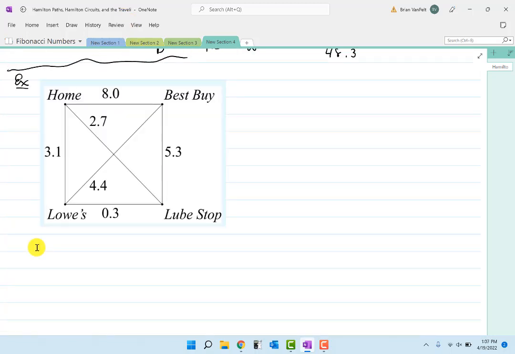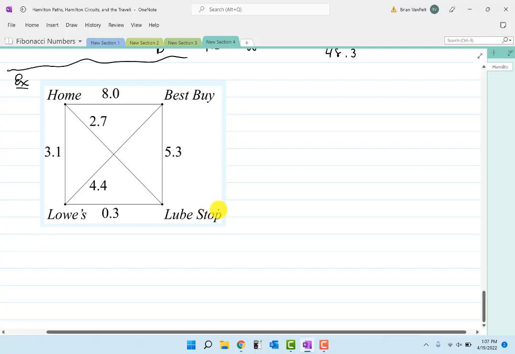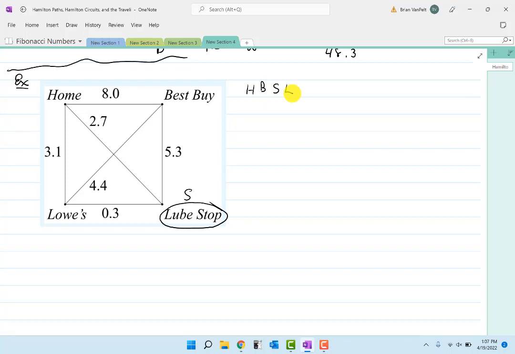Right, this next example involves us doing errands and trying to get to Best Buy, Lowe's, and Lube Stop, and then get back home, of course. What I'm going to do just to help myself out is I'm going to call Lube Stop just by the letter S, and then I'll use the first letters of each of the other ones. So I have H, B, S, and L. Basically, all I want to do is look at all the possible arrangements of the letters.